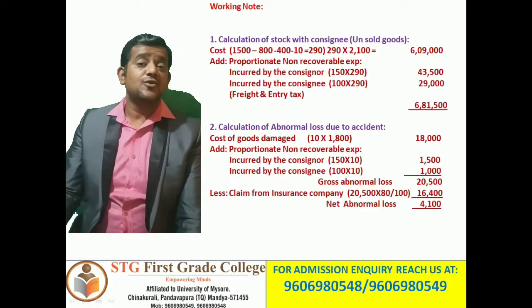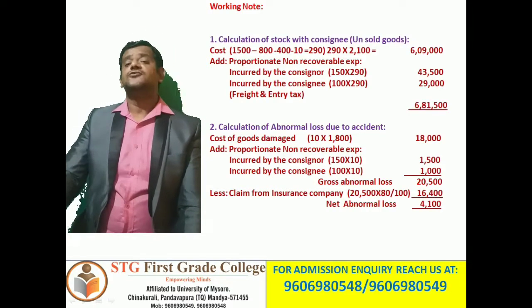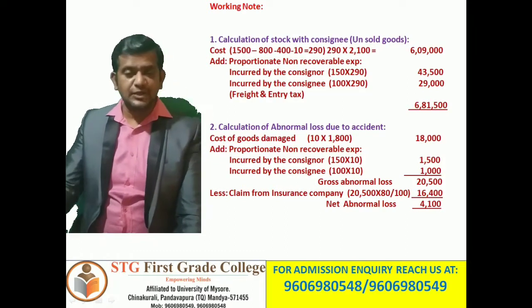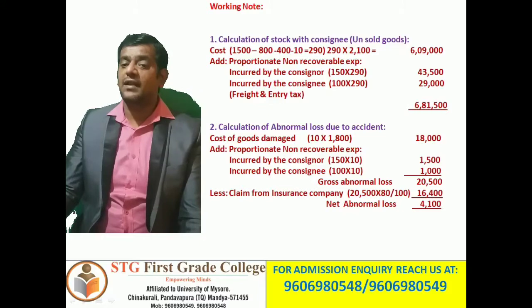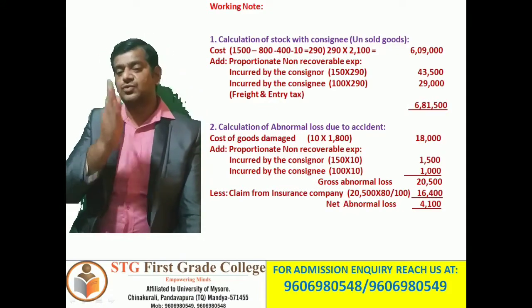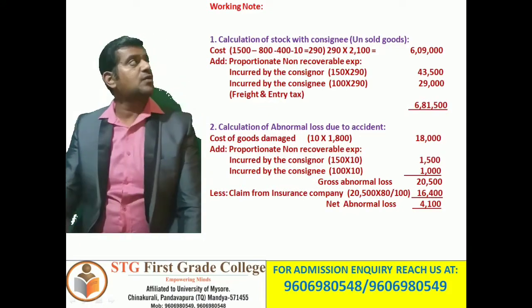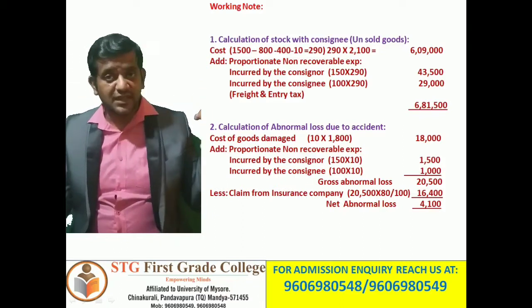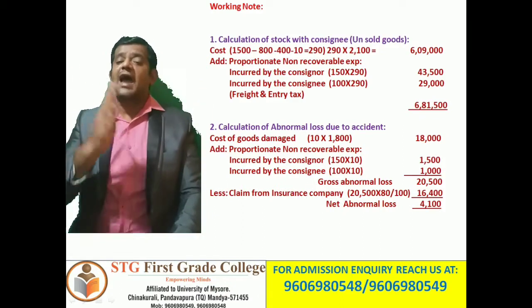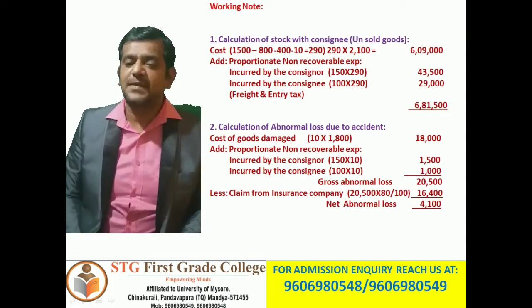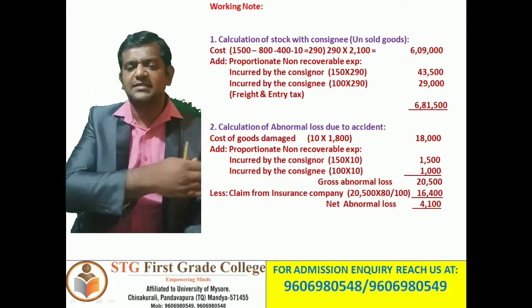How many? 290 bicycles. Now 290 into what was the invoice price of each bicycle? 2,100 rupees. So 290 into 2,100, the amount comes to 6,09,000, which I have recorded here.